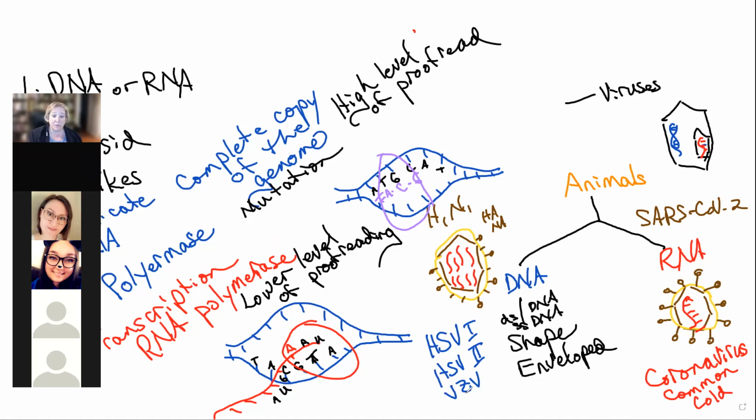That's the one that causes chickenpox. So these are very closely related viruses. When we take their DNA and look at the order of it, we can say, oh yeah, these are like siblings. Came from the same parent.